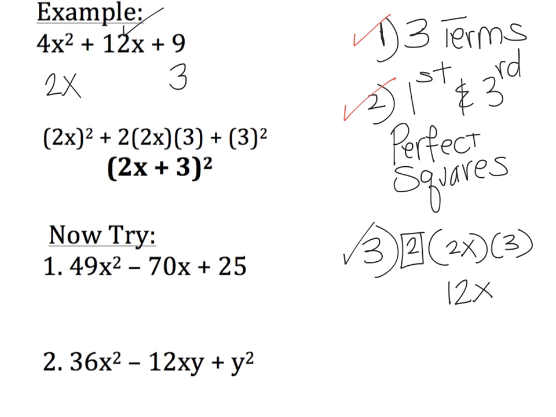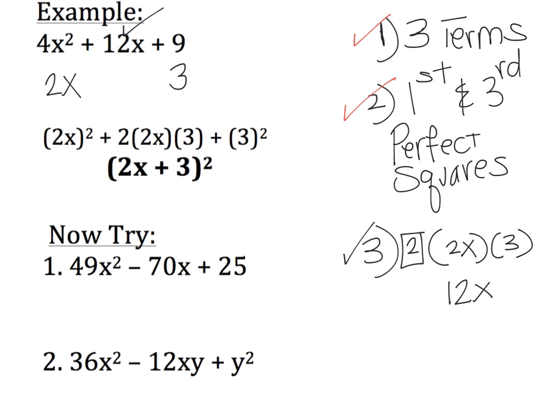Now we have 3 terms. Check. The first term is square rootable. I can do the square root of 4 and get 2. The third term is also square rootable. If I square root 9, I will get a 3. So check. Now let's look at the third one. I need to see if the middle term satisfies a certain pattern.